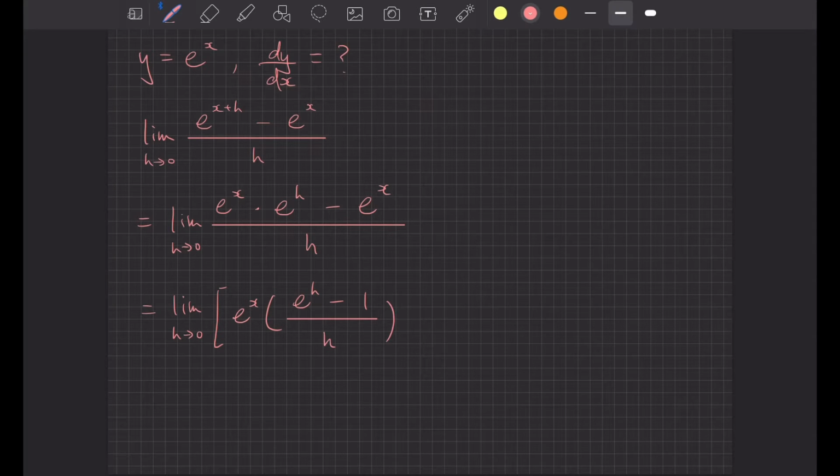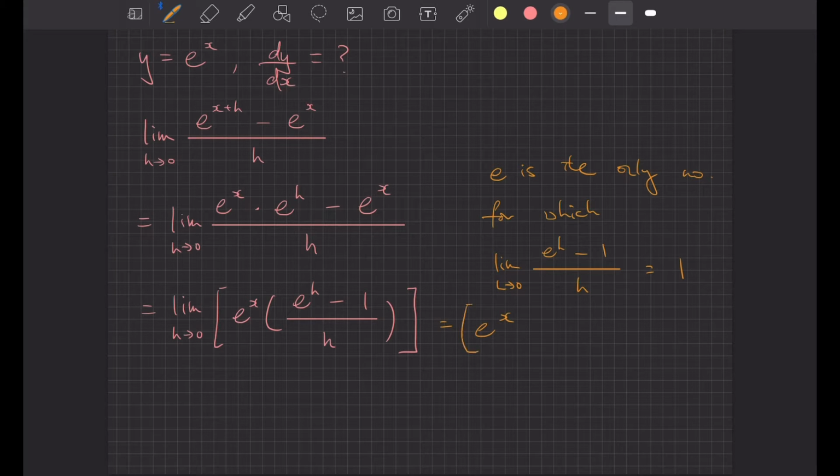Actually, e is the only number for which, when h is approaching 0, the limit of (e to the power h minus 1) over h is equal to 1. So it would be the limit of e to the power x times 1, and the final result would be e to the power x.